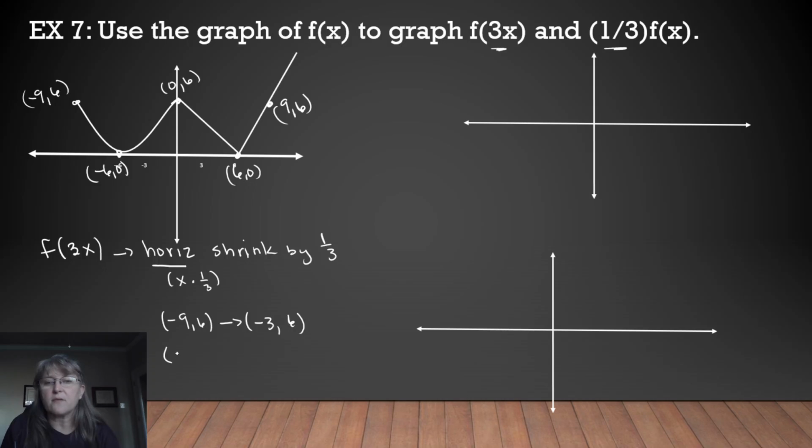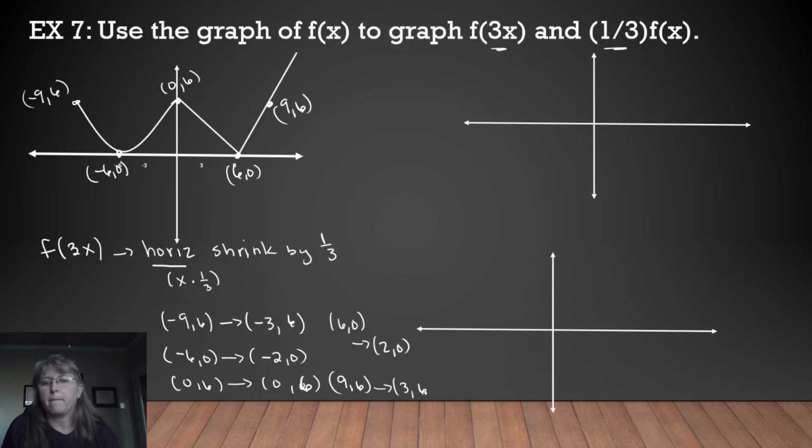The y gets left alone. I'm only affecting those x values. Okay, so when x is 0, it's going to stay 0. Okay, so now I have 5 new points.